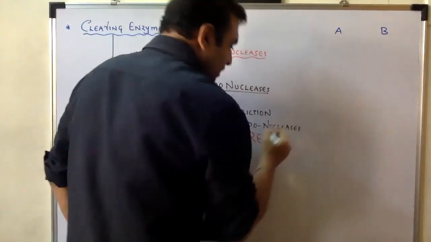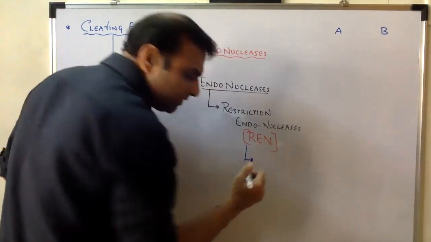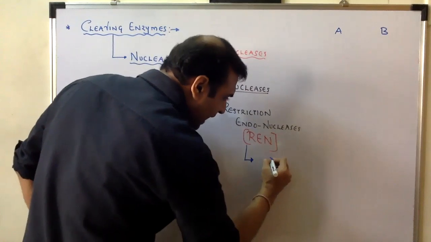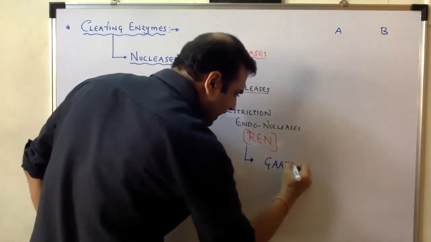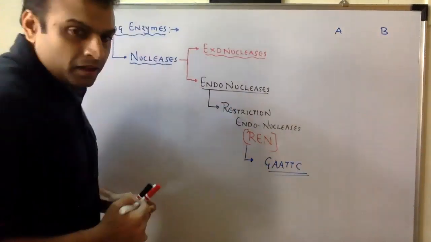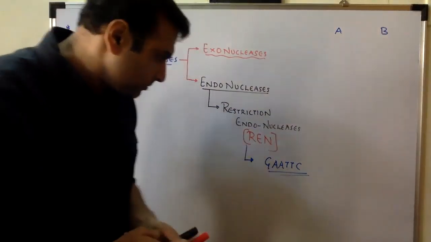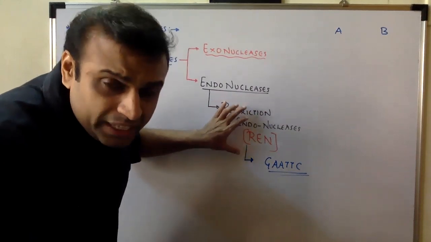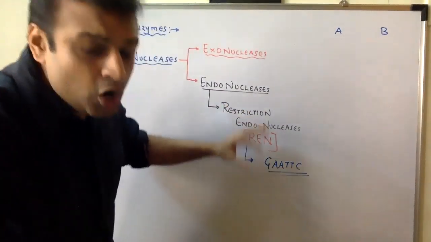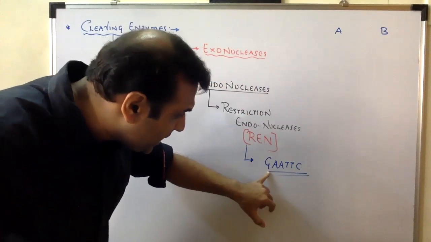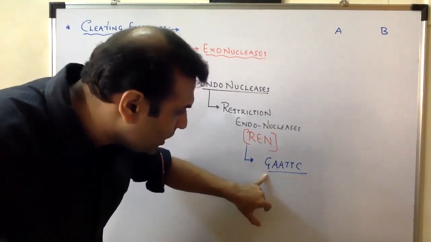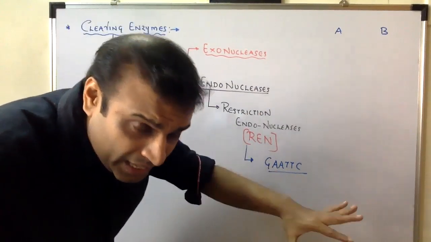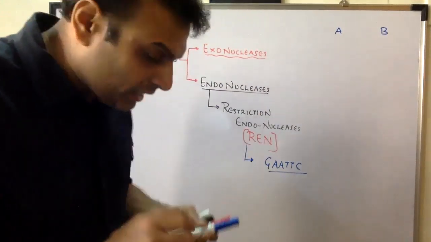And this REN can cleave or cut the DNA only if the DNA has got a sequence GAATTC. हिंदी में बोल रहा हूं, ध्यान से सुनना. मेरे पास एक ऐसा REN है जो DNA को कट कर सकता है only if the DNA has got this particular nucleotide sequence. अगर ये सीक्वेंस नहीं है तो वो DNA को कट नहीं करेगा.